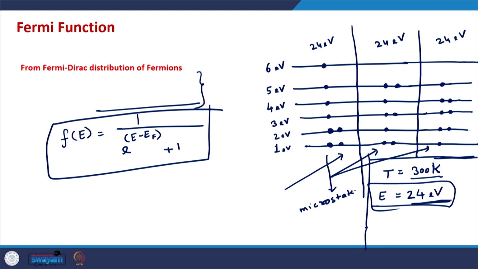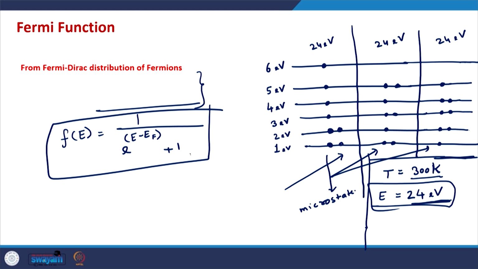At T equal to 0 Kelvin, all the electrons assume the lowest possible energy, and there is only one microstate possible for the system. But at non-zero temperatures, because of the additional energy, now multiple microstates are possible. So, we need to see the probability that a certain state is occupied, and that probability is given by the Fermi Dirac distribution function or the Fermi function.